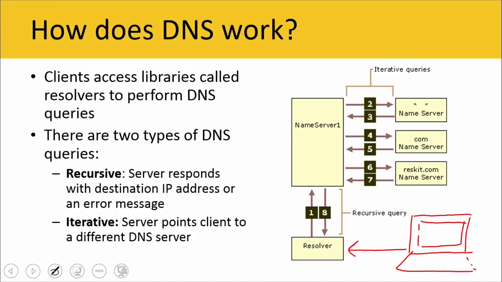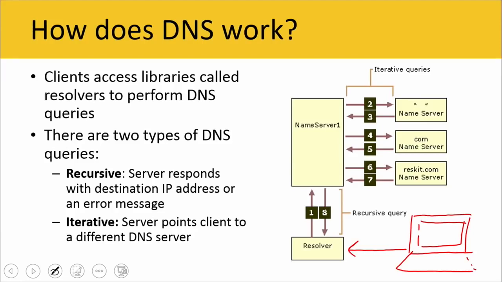They do so by making recursive queries to name servers, right? And this name server might be located at your internet service provider somewhere locally close to you. And so that resolver expects to see a response with either the destination IP address, like the IP address for Bing, or an error message saying, I cannot find the IP address for this specific name, okay?